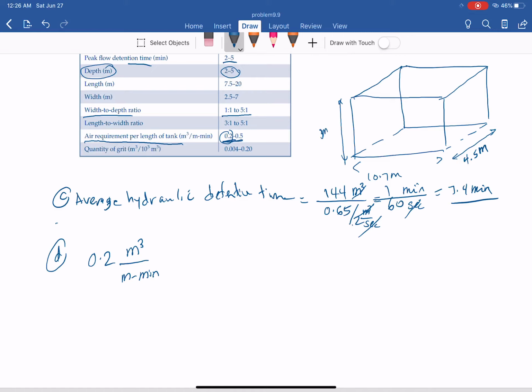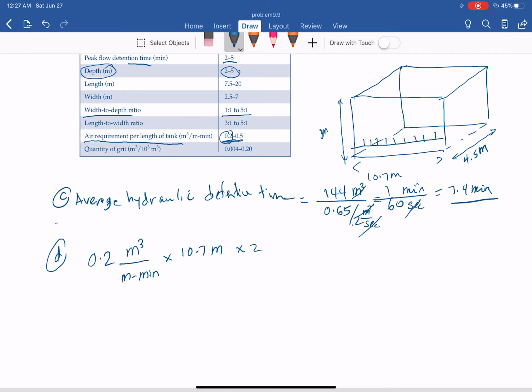You multiply it by the length, because remember the pipe will be based on the length of the tank to allow the air in. So this is times 10.7 meter, and then times 2 tanks, because you need to apply the air for both tanks.